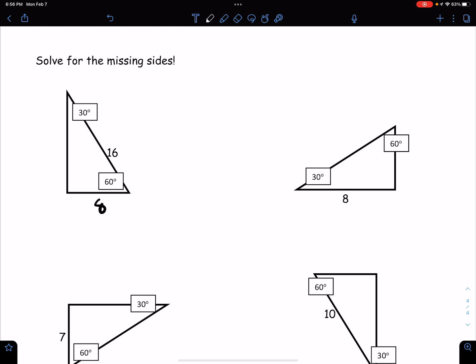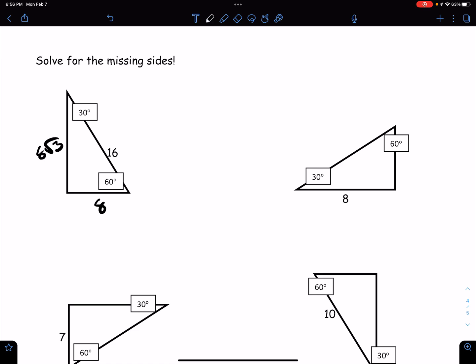So in this case, I know it's just 8. Okay, and I know my longest leg is half as big as the hypotenuse times the square root of 3. And I already told you that half the hypotenuse was 8, so I know that this is just 8 times the square root of 3. Right, so that's not too bad.